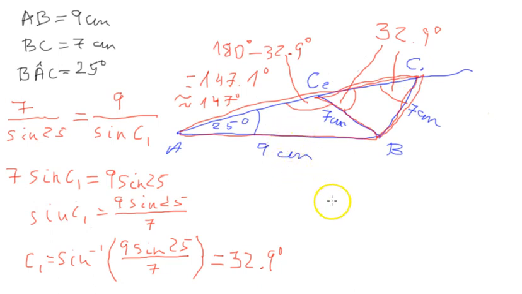So this is how and why, when you're using the ambiguous case of the sine rule, in some cases you will get two solutions. The idea is that you use the sine rule to find one of the solutions, and then you subtract the result from 180 to get the other possible angle.